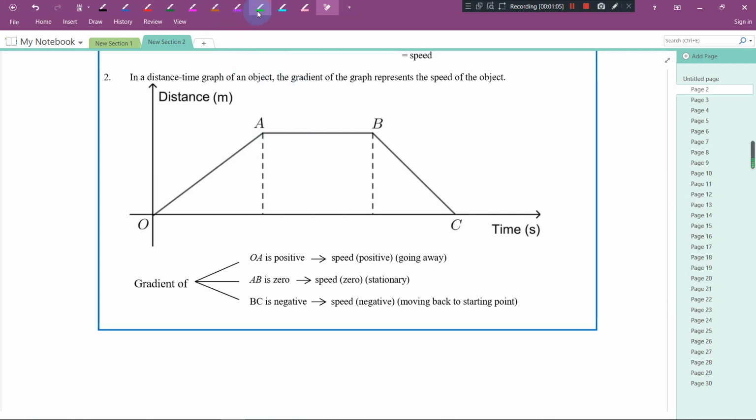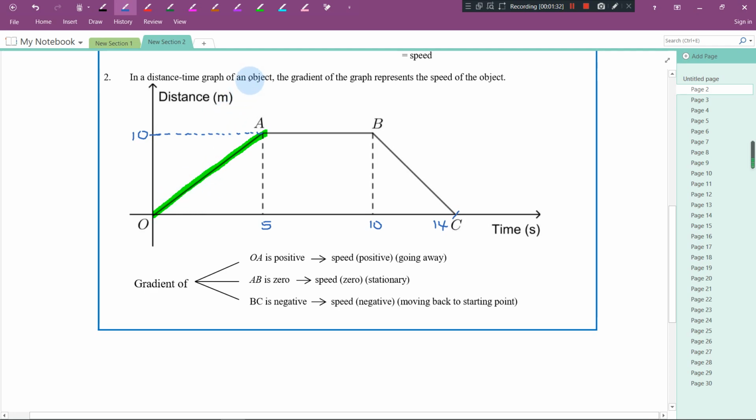Now let's focus on this part first, this part OA. Before that, let me give some numbers for this graph. This is 5. This let it be 10, this let be 14. Let it be 10 here.